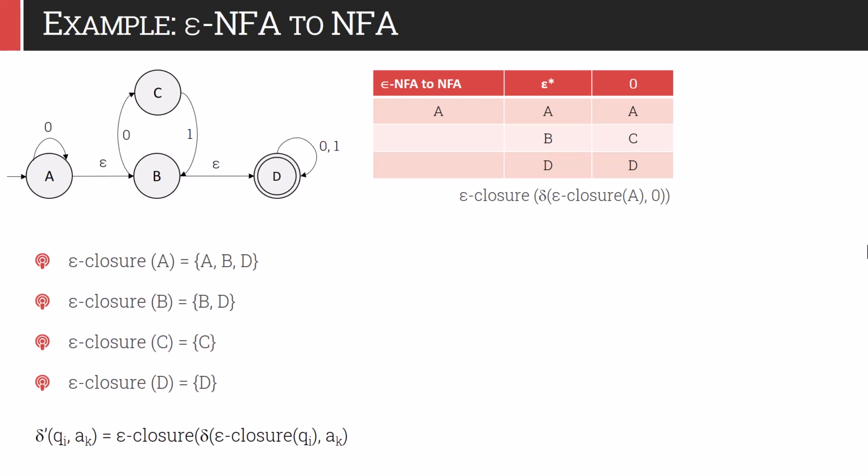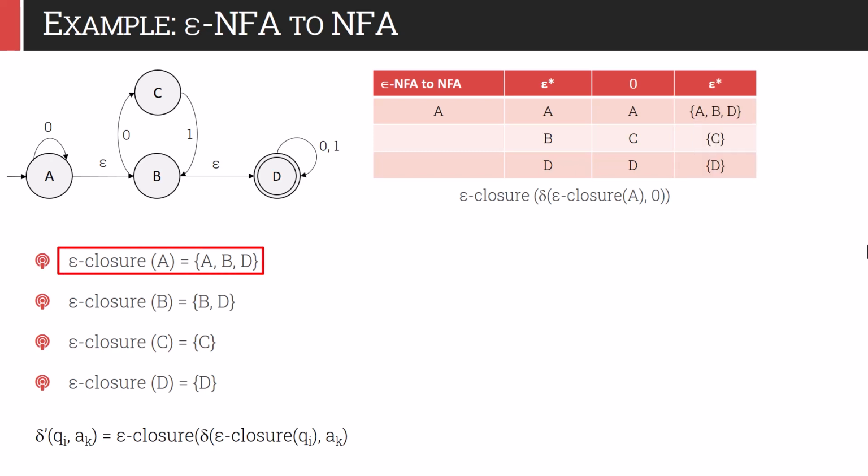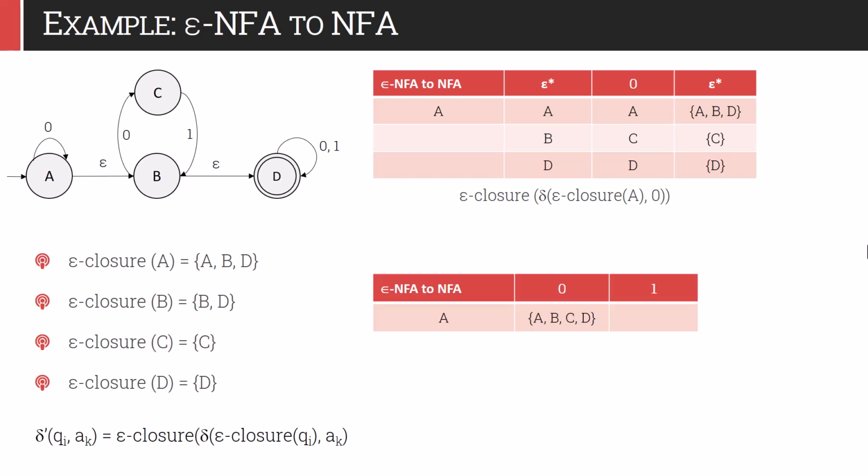Now we have to take the epsilon closure of A, C and D. Epsilon closure of A is already computed, which is ABD. Epsilon closure of C is just C, and that of D is D. We just have to take the union of that, which gives us the final delta dash transition function. So on input 0, delta dash transition function for A would be A, B, C, D.